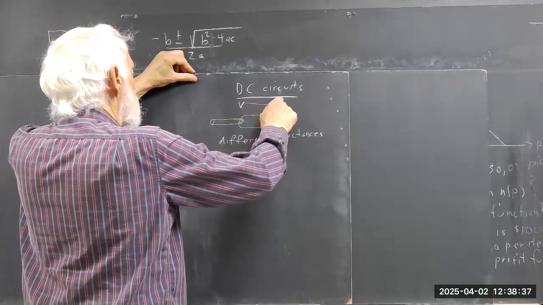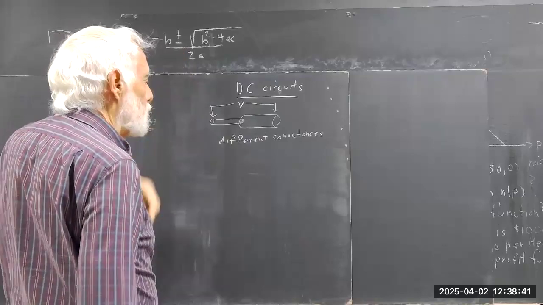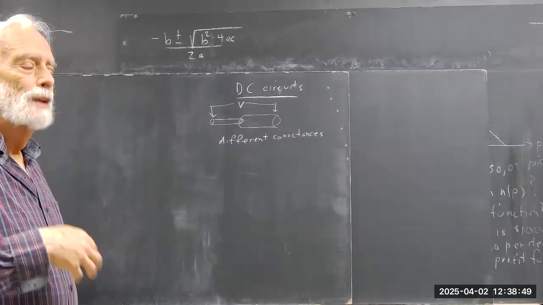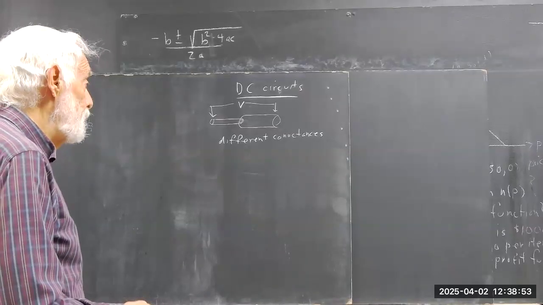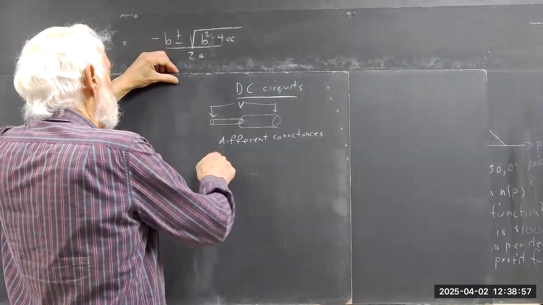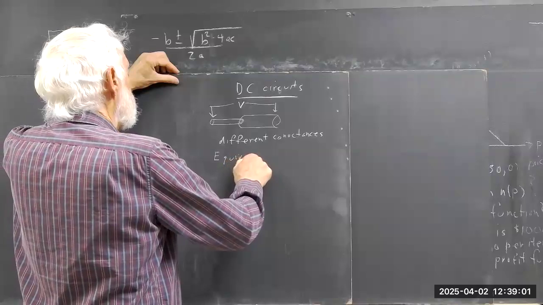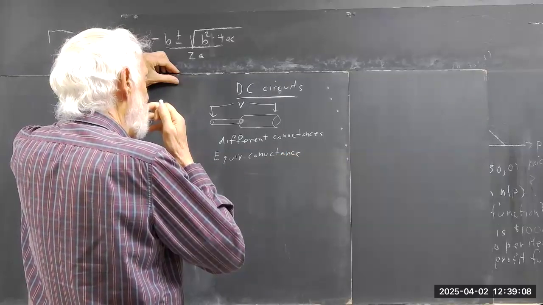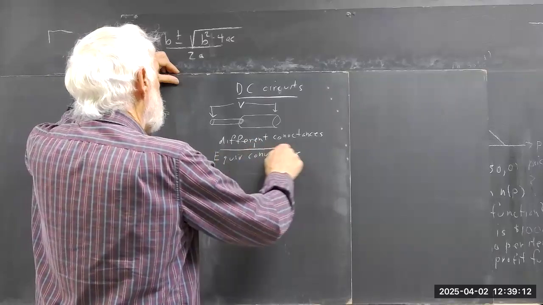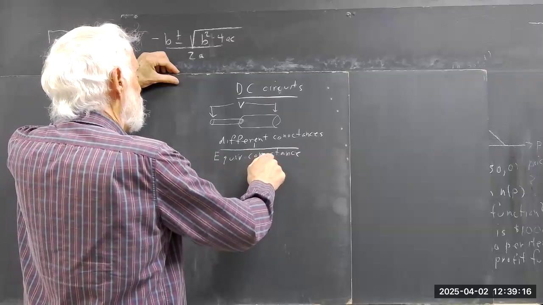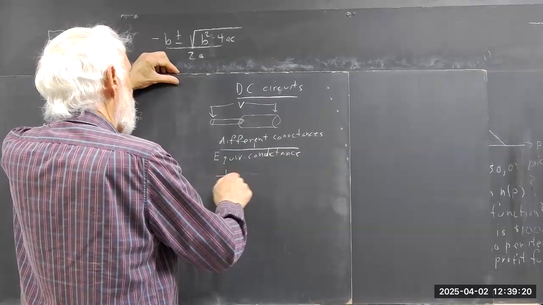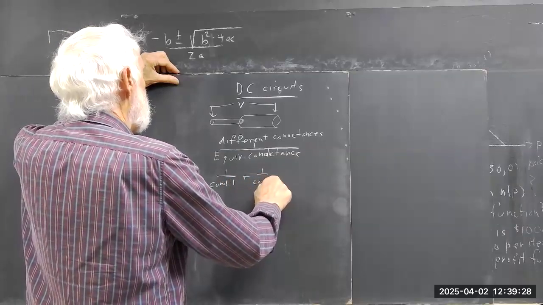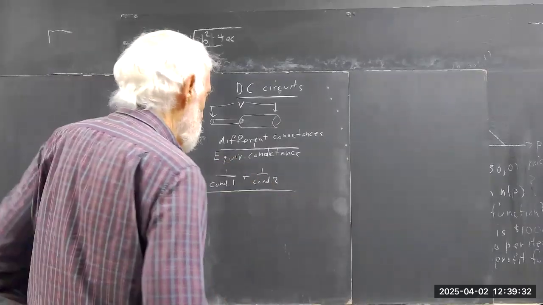Some voltage across these things. It turns out, for the reasons that you see somewhat explained in the transition problem, that the reciprocal of equivalent conductance is the sum of the reciprocal conductances.